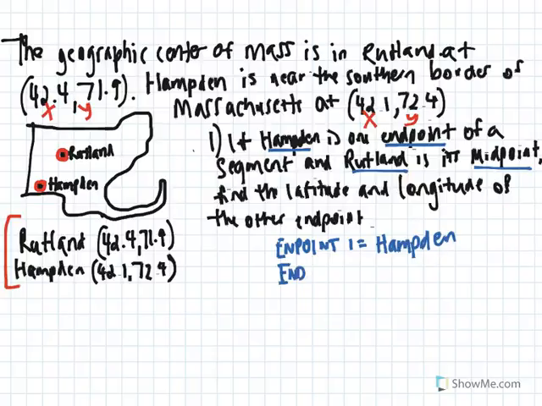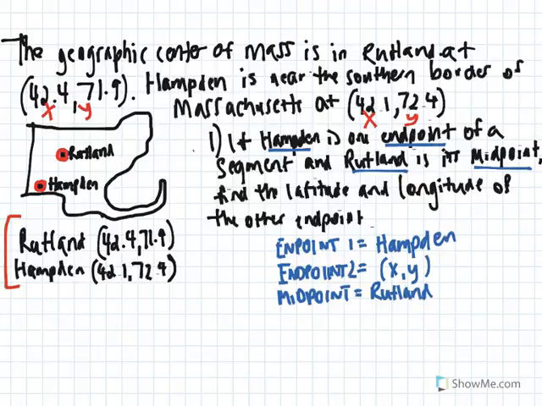My endpoint 2 equals unknown. We don't know what that one is, so we're going to try to find that. And then my midpoint is Rutland.